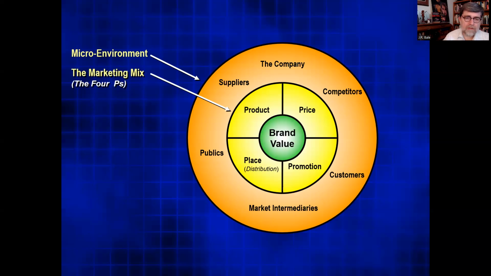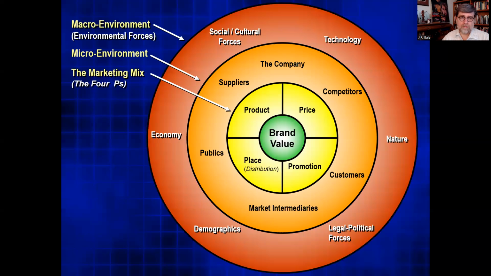Certainly our suppliers, various publics, which we'll talk about, any market intermediaries such as distributors or promotional agencies, our customers, and even our competitors. Beyond that, we have something called the macro environment.